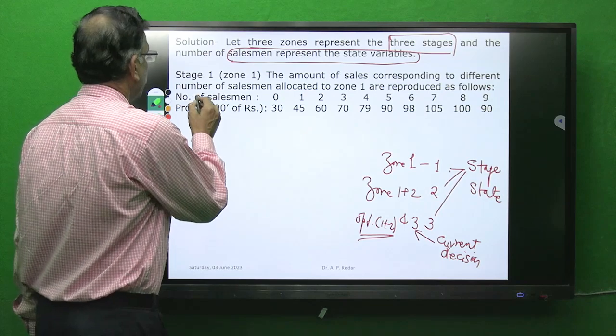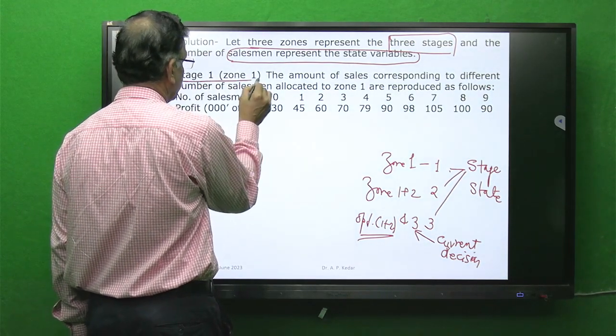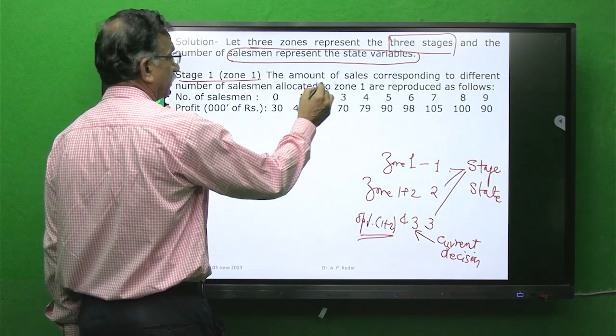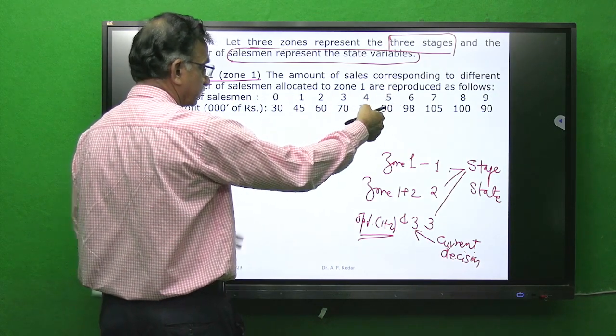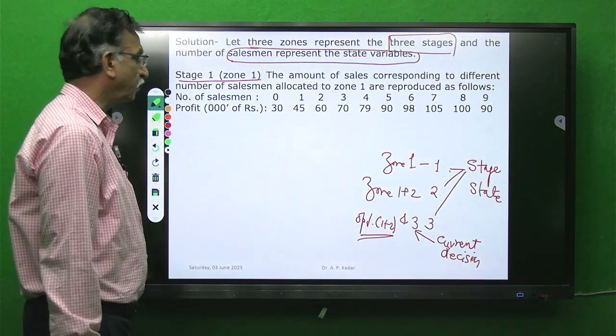Let's see. Now if we consider only stage 1, the amount of sales corresponding to different salesmen is this, the table given in horizontal form.